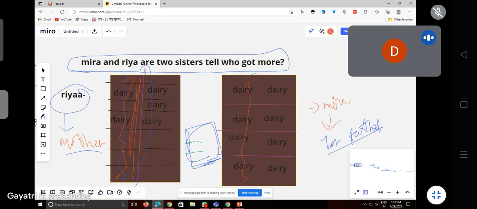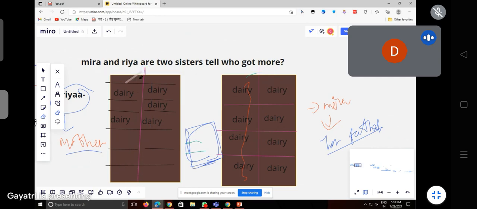Okay, let me just rub these. You all know what I'm doing. So now this pink line is the divider, means they have divided it into this many parts. And this divider represents that this is Meera's.